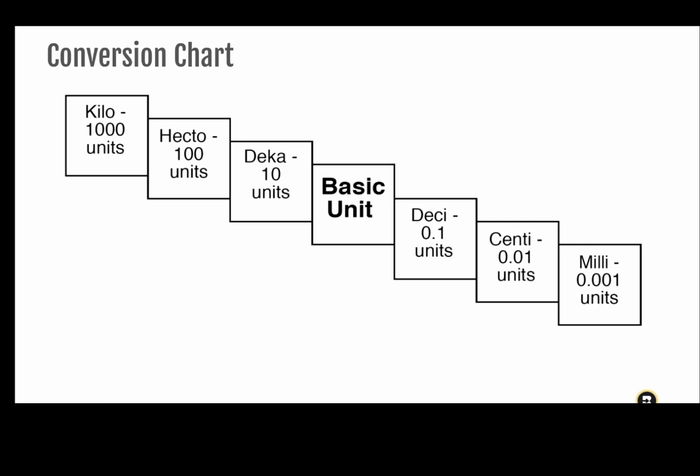So here is the conversion chart, and we'll talk about this for the different bases. This chart is super helpful in changing between units. For example, we're talking about distance, so the unit is a meter. That goes in the center here for the basic unit. And we mentioned adding kilo to create a kilometer.